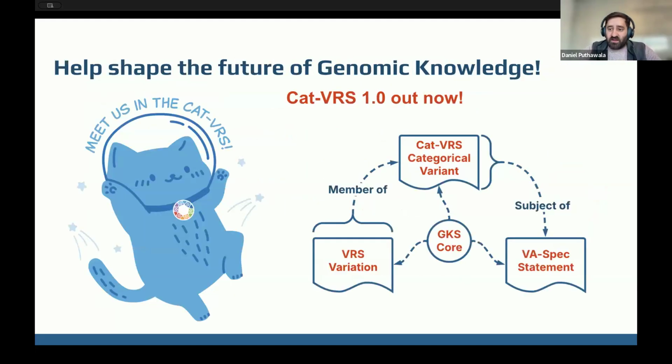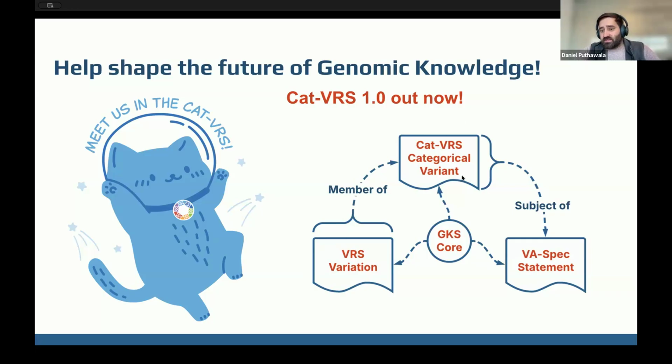Also, as Melissa Klein noted earlier, this is part of the ecosystem of GKS standards, and they are all intercompatible with each other. So VRS, which was released in 2.0 this past summer, specifies individual molecular variants, which can themselves be members of categorical variant classes.